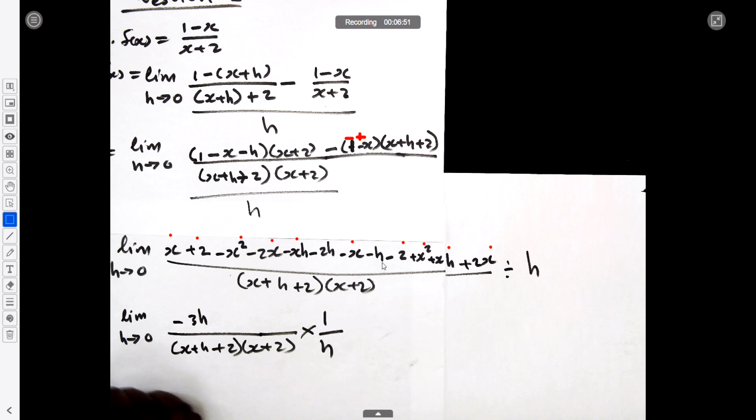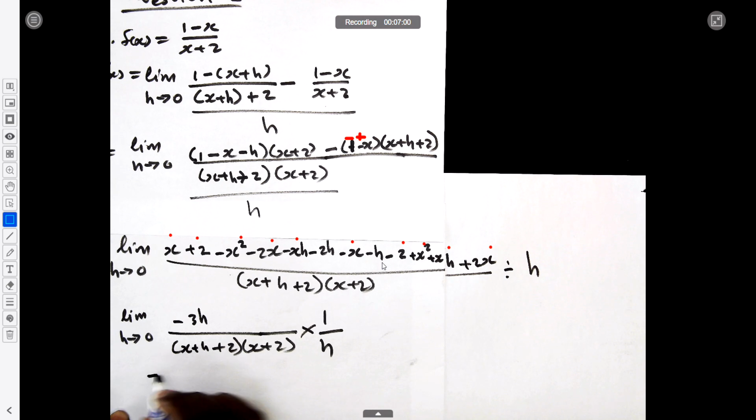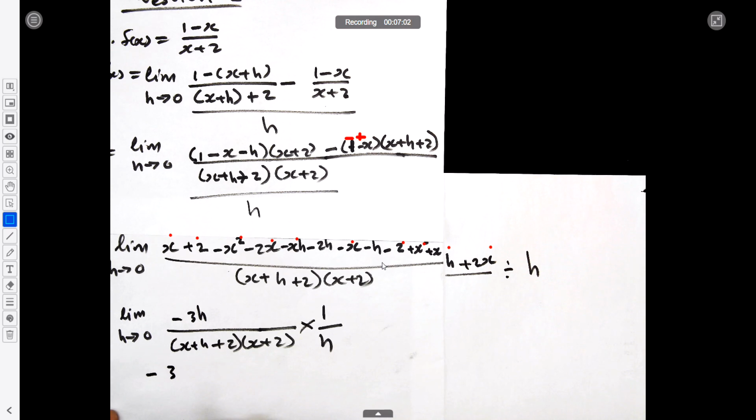Then from there, we're going to start simplifying. In the meantime, I'll advise you start substituting 0 while you're dividing. So h will divide h. We'll be left with a negative 3, all divided by, please substitute the value of h in the meantime. So we'll have x plus 0 plus 2, in bracket x plus 2.